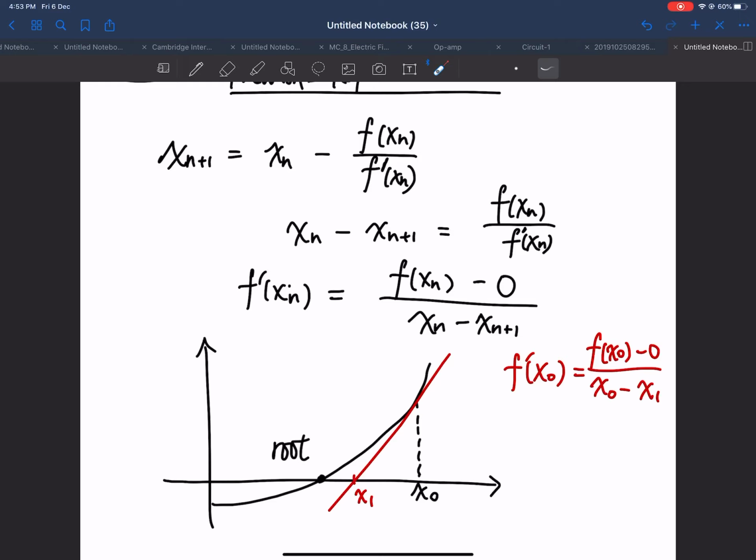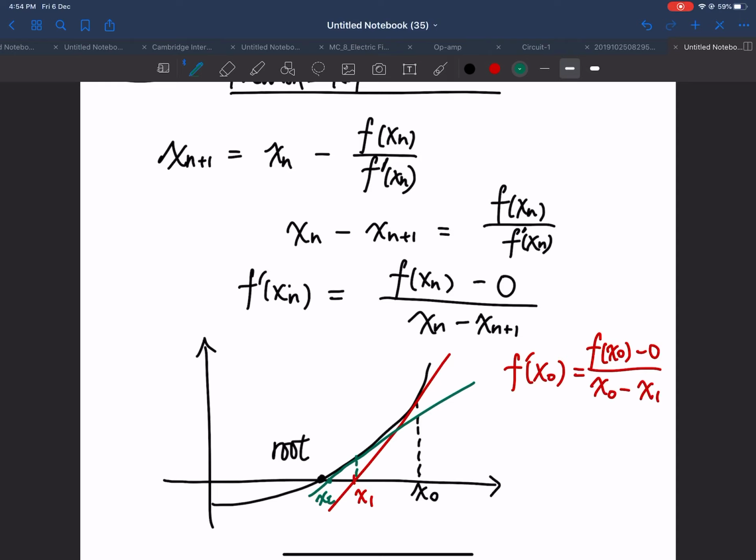If you repeat this process, I use another color. You use a light green line, and then this point is x2. The tangent line is drawn at x1. And then if you repeat this process, you get a solution closer to the real solution.